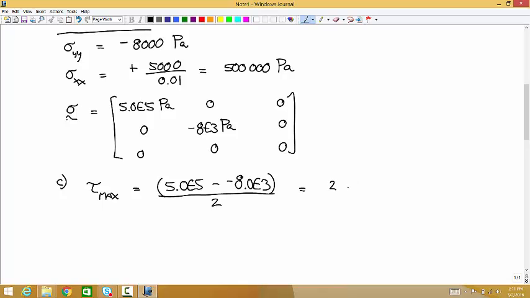Is that what it is? 2.54 times 10 to the 5 pascals. And if you needed a stress tensor for that instead of just a value for the maximum shear stress, what axis would you rotate 45 degrees around? About the z-axis, because you want to take the axis corresponding to the middle principal.